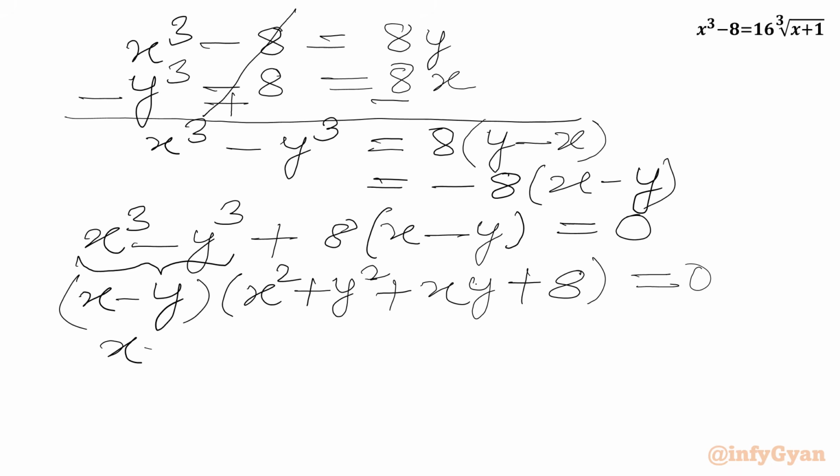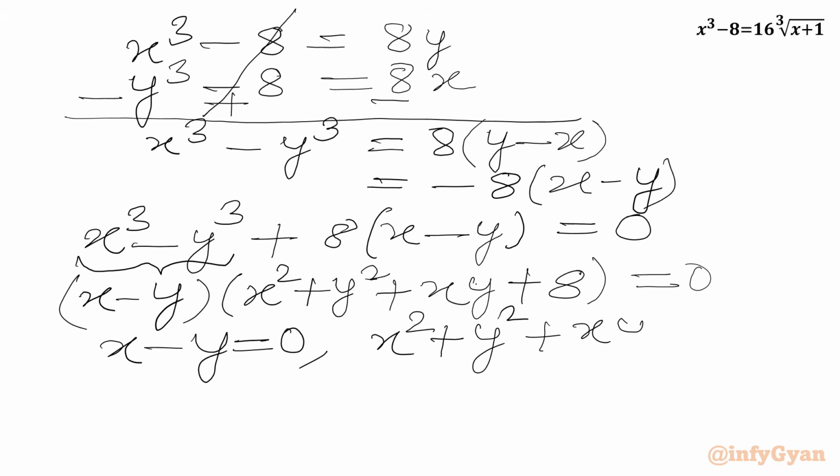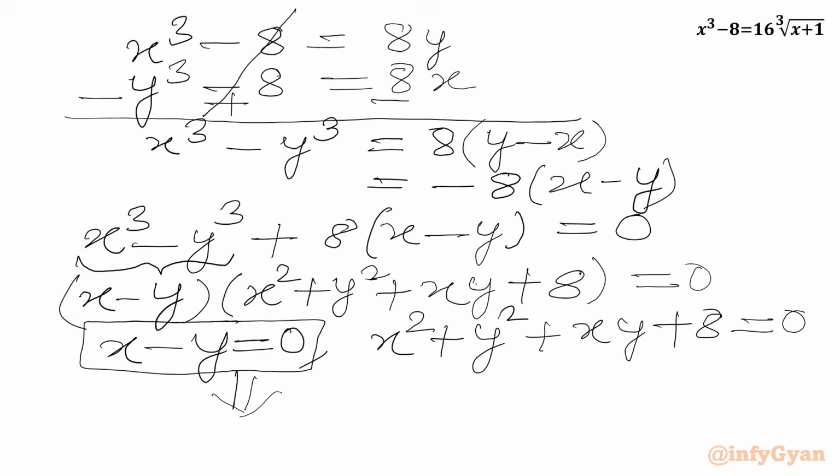Using the product 0 rule, we will write either x minus y equal to 0 or x square plus y square plus xy plus 8 equal to 0. Now from our first equation, we are going to get x equal to y.